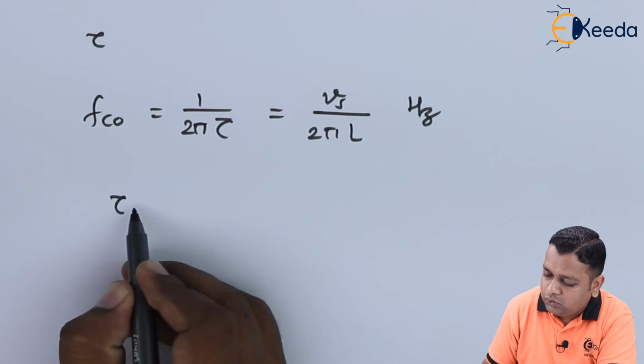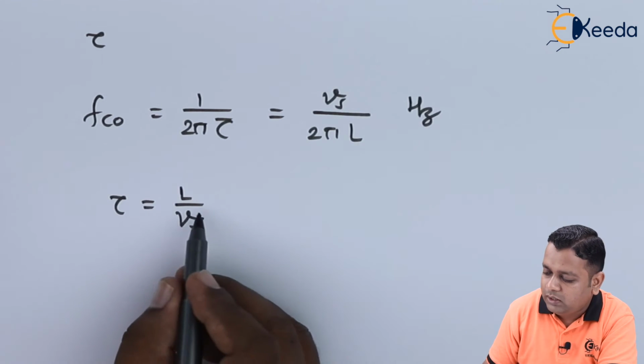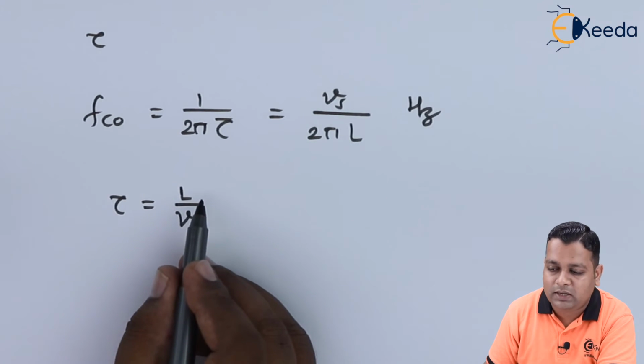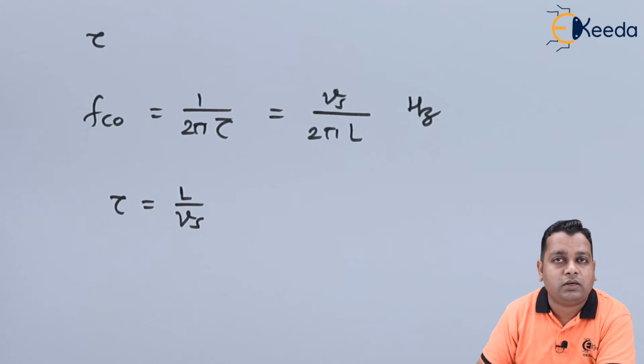So tau will simply be L divided by V_s. L is the gate length, and V_s is the saturation drift velocity in meters per second.